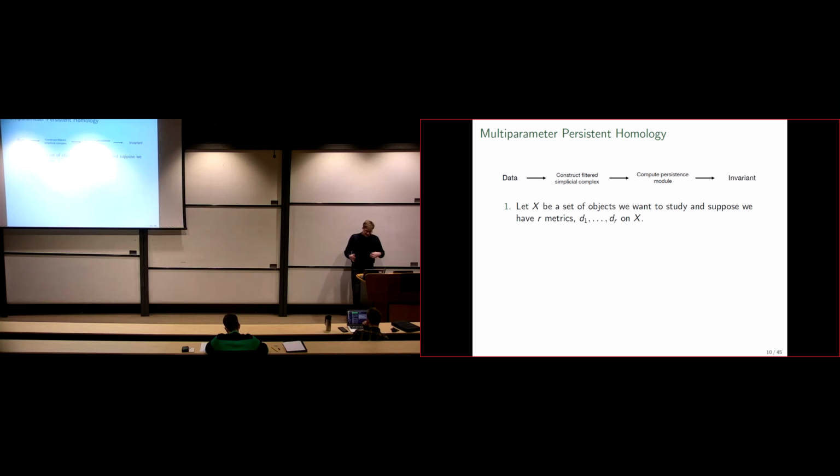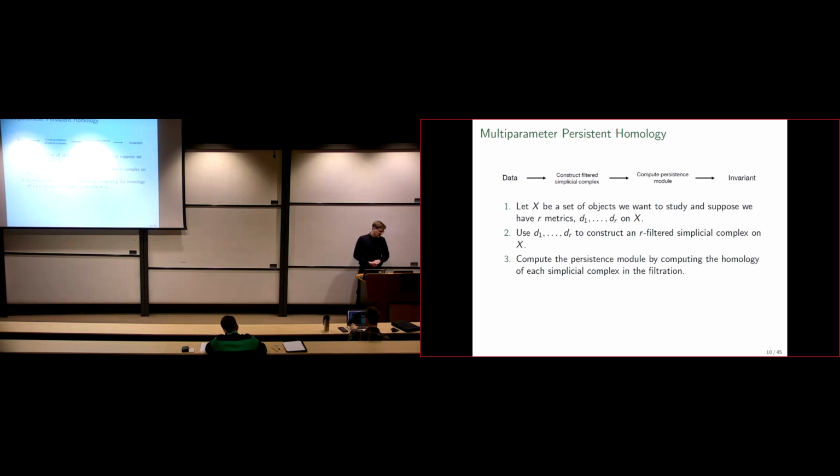The goal is to have a clustering or an extraction of topological features robust to noise and outliers. And we do the exact same thing, we construct a filtration of a simplicial complex, but now using R number of metrics instead of just one single metric.